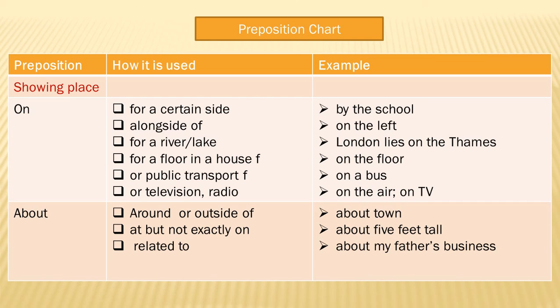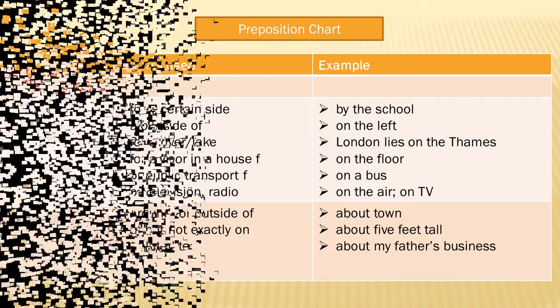About town, describes about your town. He is about 5 feet tall. At but not exactly on. About my father's business, related to something. We use about for these three regions. Now I am going to the next slide.